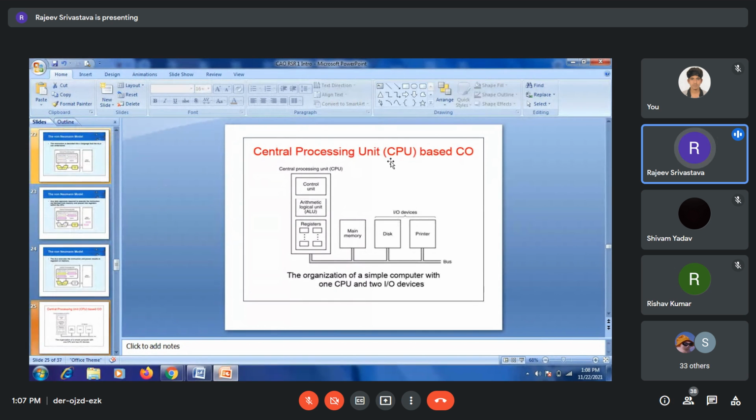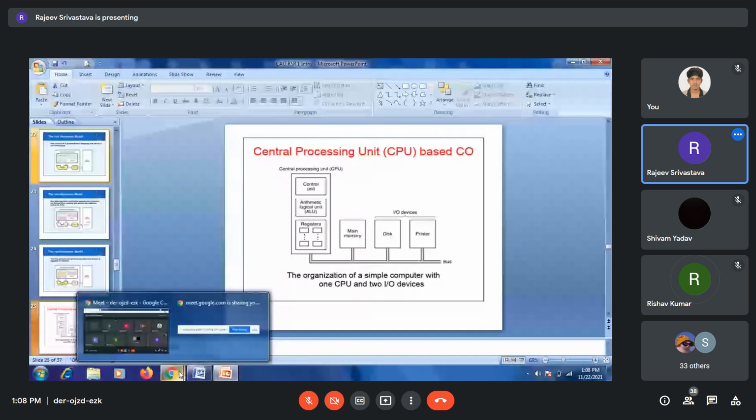This is a simple block diagram, but it explains most of the concepts of a computer. We have main memory, IO devices, buses, control unit, and arithmetic logic unit: the organization of a simple computer with one CPU and two IO devices. We may have many more IO devices and multiple CPUs, but this is the advanced concept, and we are not going to deal with it. So we will finish today. Okay.